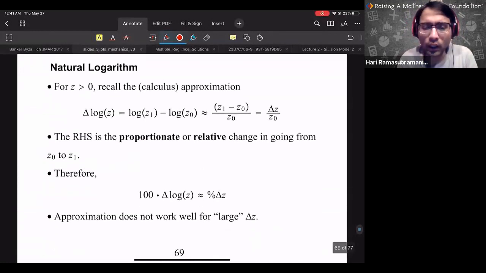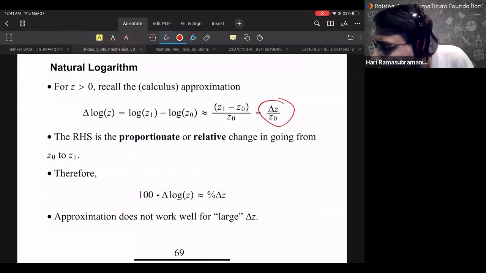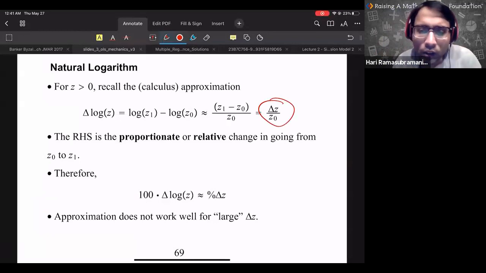Similarly, when you use logarithm, then you can find out the change in log of a variable as the change in the variable divided by the starting value. So change in log z is measuring a percentage change in z, because change in log z gives you the relative change in z. So how do you calculate the change in log z?